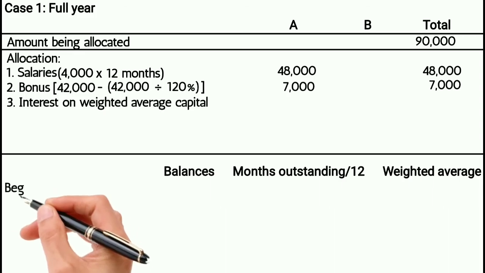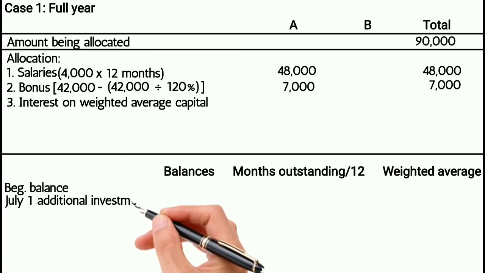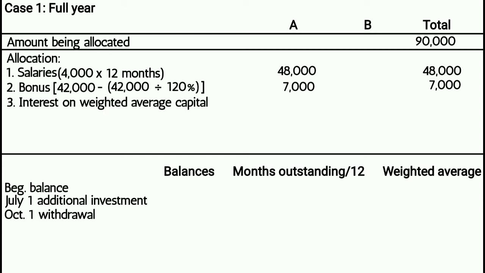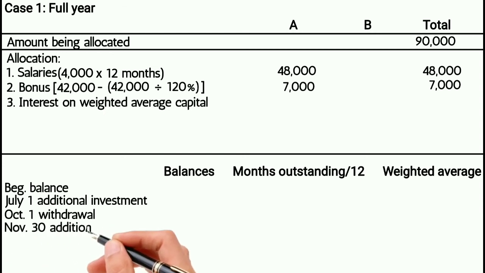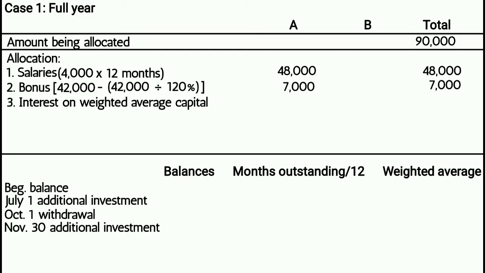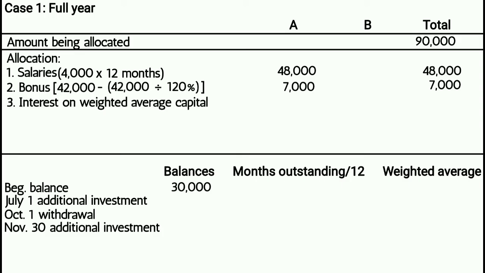Of course, ilalagay natin yung beginning balance. On July 1, merong additional investment. On October 1, may withdrawal. On November 30, merong additional investment. The beginning balance is 30,000 pesos. This is the initial contribution of B.